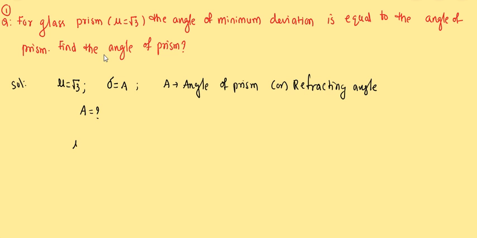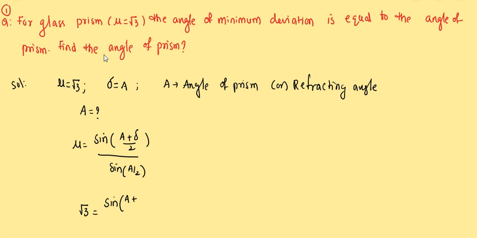We have the formula nu is equal to sine of (A plus delta) by 2 by sine A by 2. Now we substitute all values here. Nu is root 3, sine of (A plus delta) by 2. What is delta?